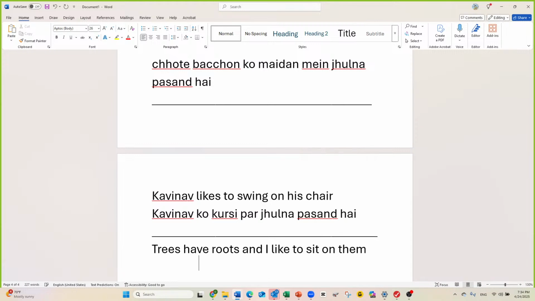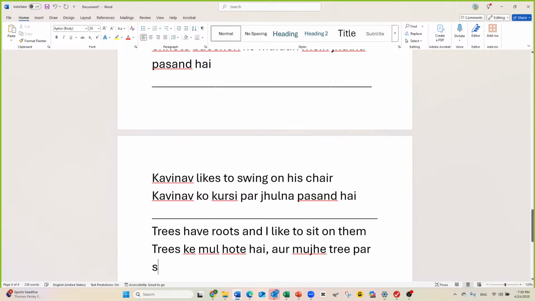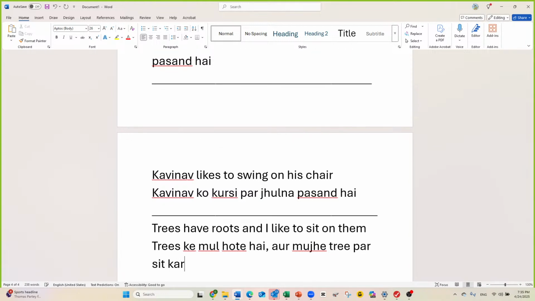Okay, so say Trees के मूल होते हैं और मुझे ट्री पर सिट करना पसंद अच्छा लगता है.